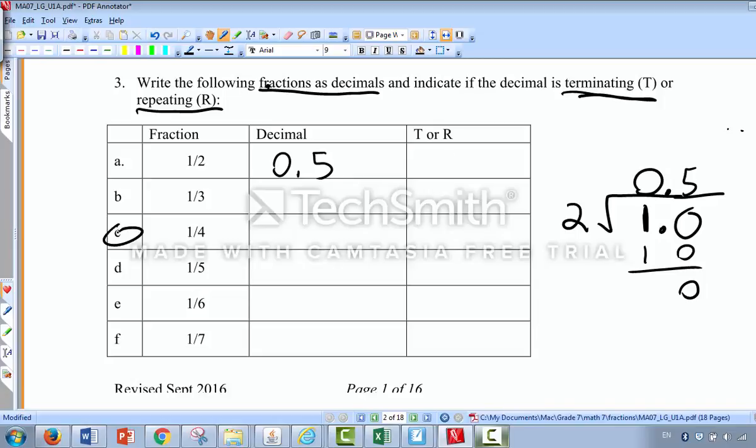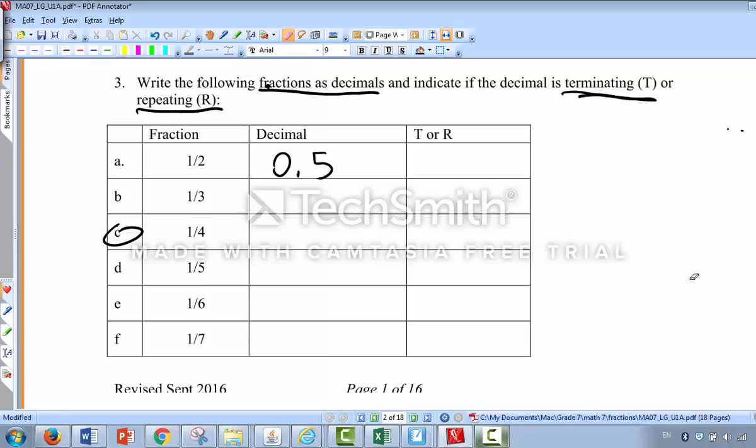We can do a similar thing with 1/4. One over 4 is the same as 1 divided by 4, so you can stick it into your calculator like that. 1, dividing sign, and 4.